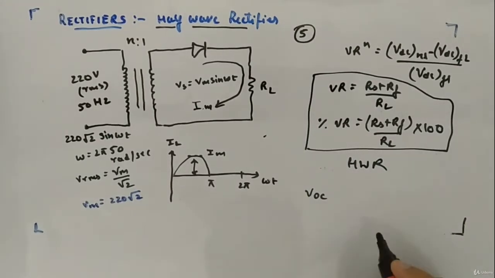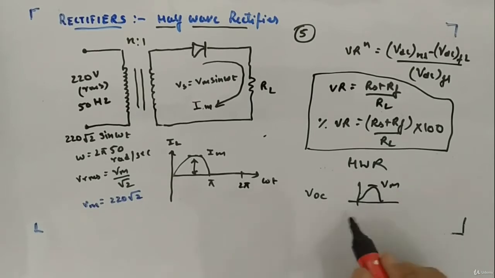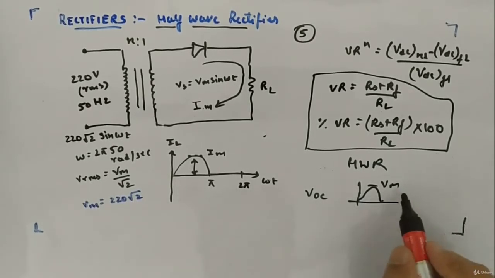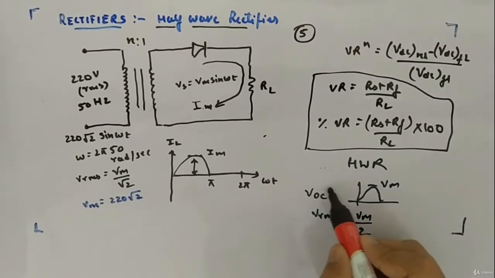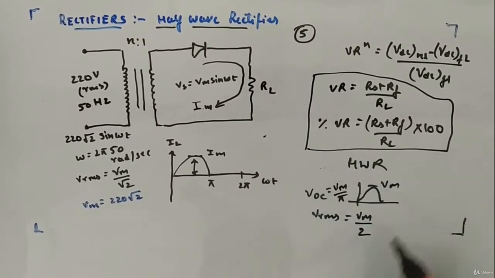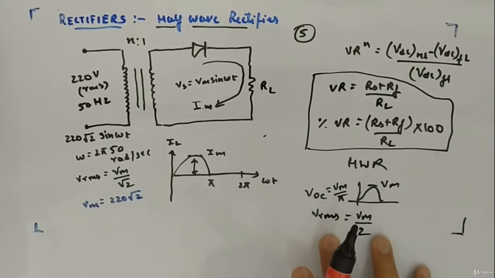When I was talking about this voltage VDC, I gave a curve like this, with peak Vm, and I wrote the average value for this, the voltage appearing here, was equal to Vm by pi, Vm by 2. And VDC is Vm by pi. This is what I wrote, but that is for the ideal case.